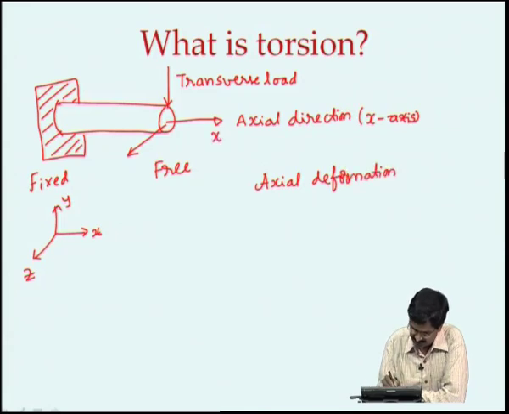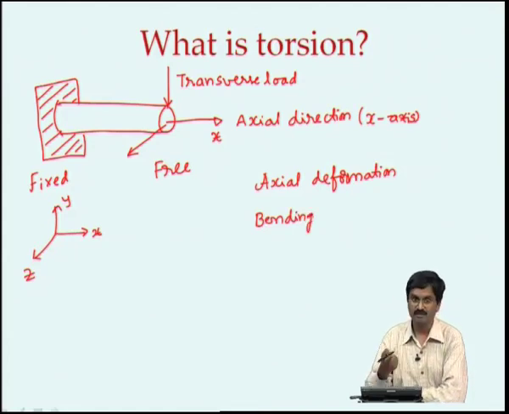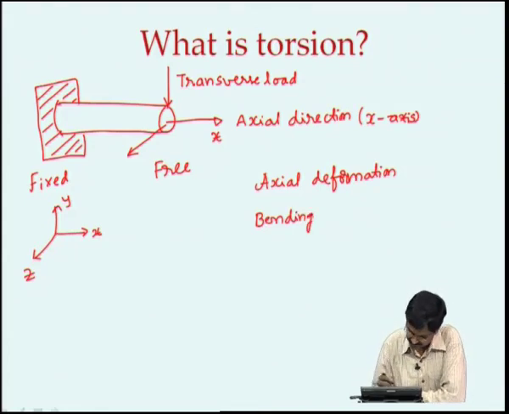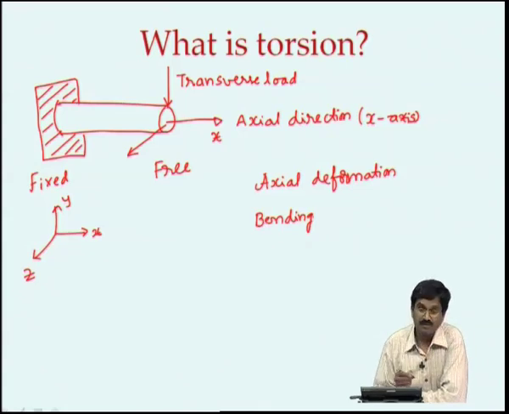If this is the x axis, that is axial deformation, and if it is loading along the y axis or z axis, in those directions we have bending. This beam-like structure is going to bend. Now, we also have to look at the moments.